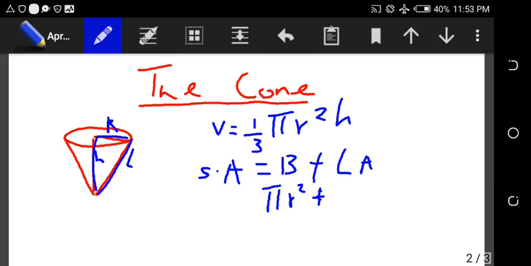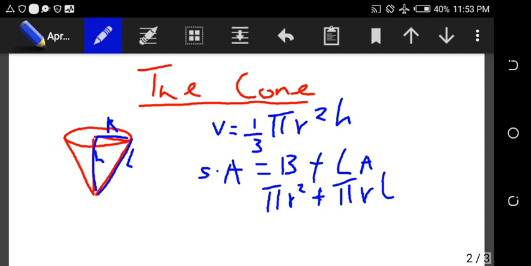I wouldn't want to stress us with how it was derived, but if you must know, it's half of the circumference of the cone times the slant height. But what you just need to know is that the lateral area of the cone is given by the formula pi r l.